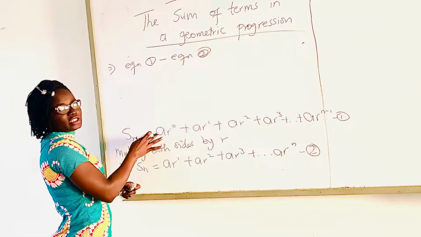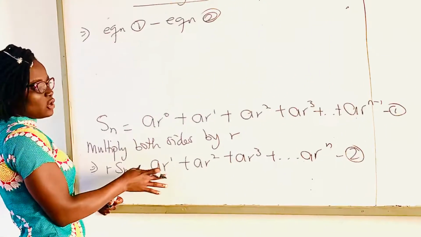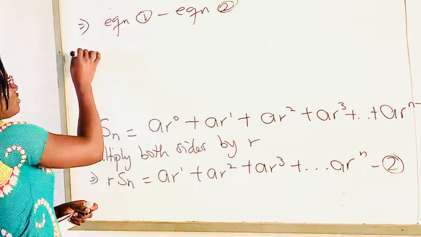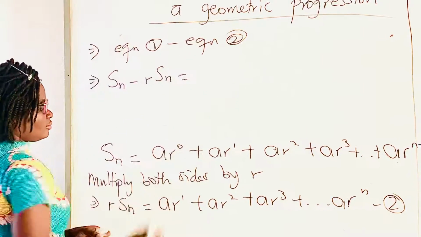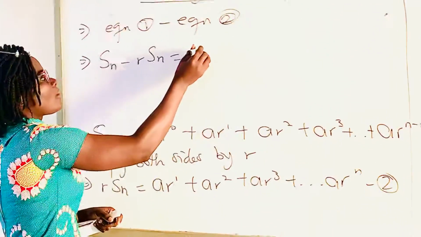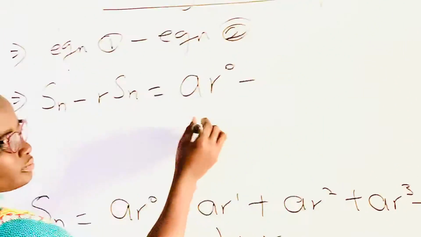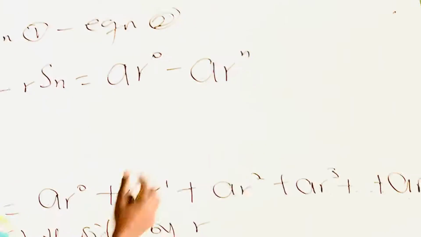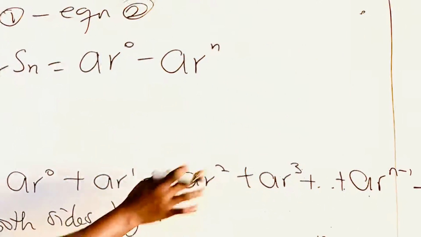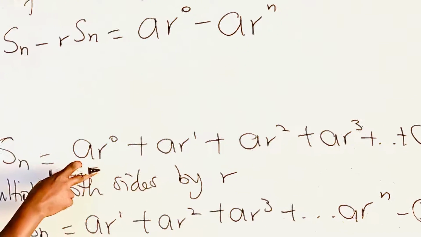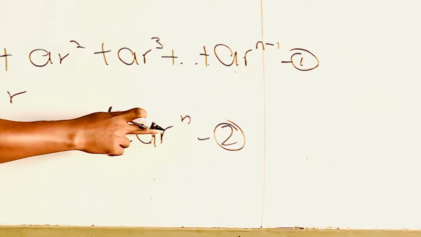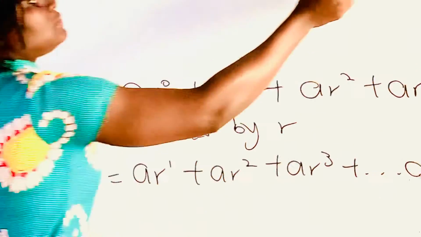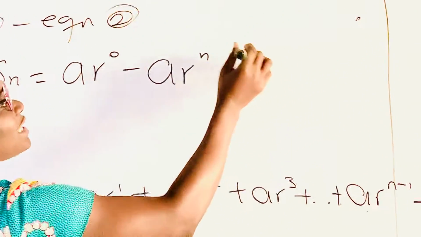This is our equation 1 and this is our equation 2. All these ones will cancel out, so you'll be left with ar exponent 0 minus ar exponent n. Good. So this will be a formula. Let's take note of this.